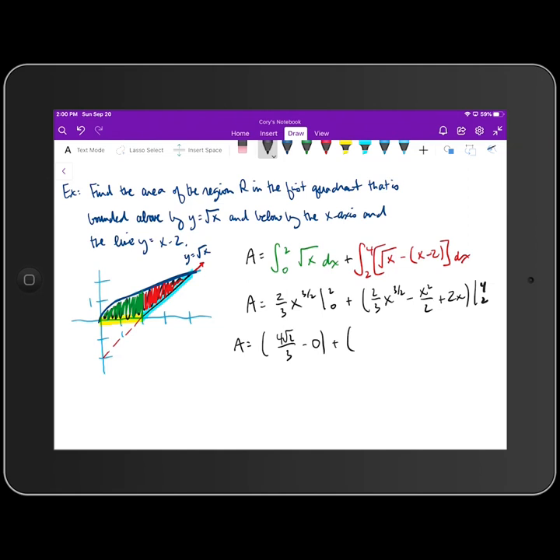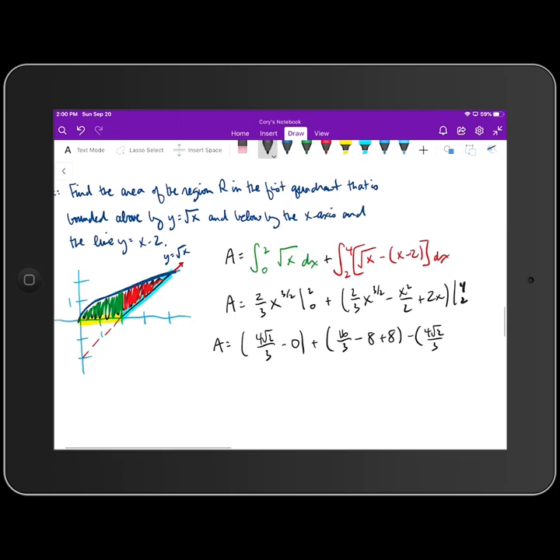Plus, when I evaluate the next antiderivative at 4, 4 to the 3/2 power, the square root of 4 is 2, 2 cubed is 8, times 2/3 is 16 over 3, minus 4 squared, which is 16 divided by 2, which is 8, plus 2 times 4, which is 8, minus, and then when we plug in 2, 2 to the 3/2 power is 2 rad 2. When I multiply that times 2/3, that's 4 rad 2 over 3, minus 2 squared, which is 4 divided by 2, which is 2, plus 2 times 2, which is 4.